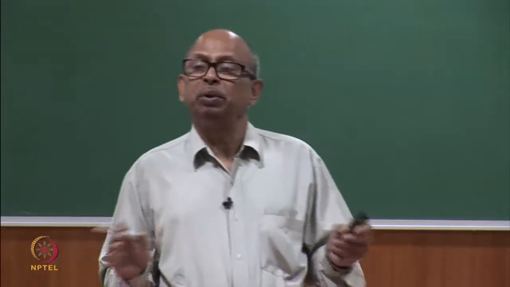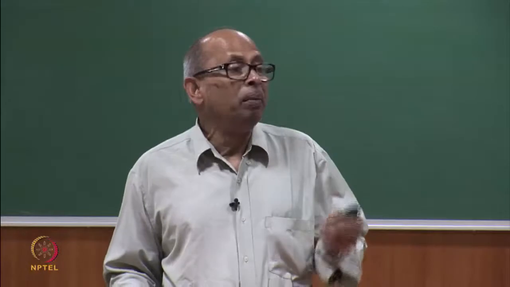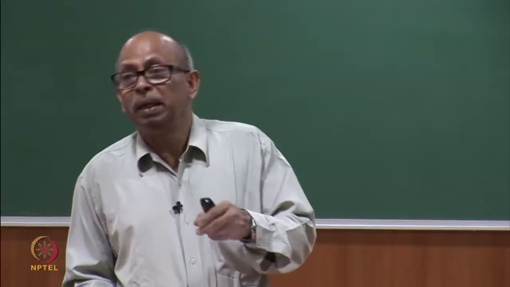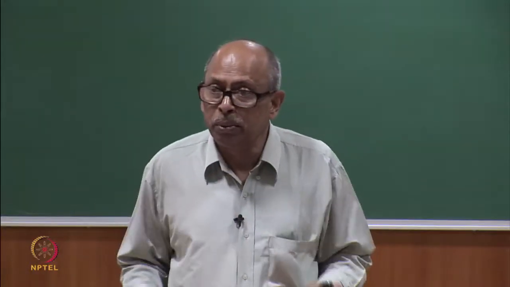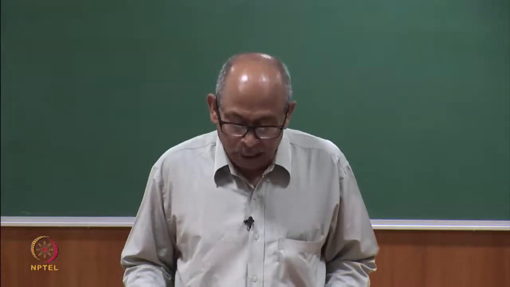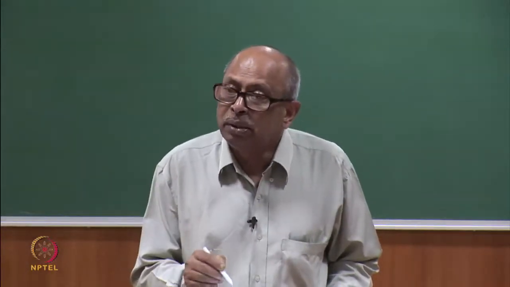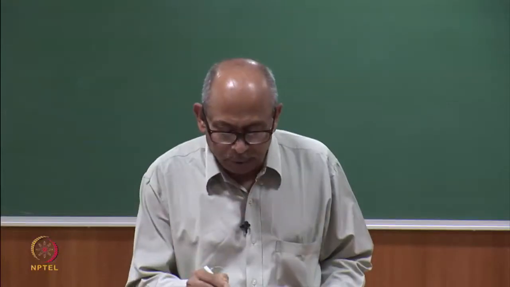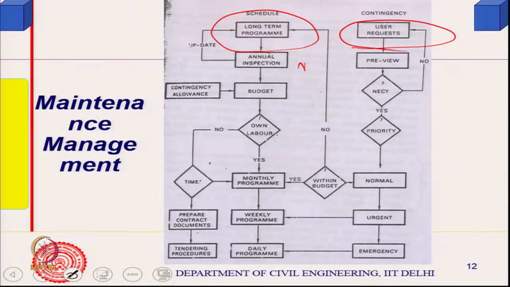Between the 20th and 25th year I should do the roof covering replacement, but all I will not be doing this year, it would be distributed over a period of time. That is what we have seen. So, first annual inspection and long term plan, from that my work comes. I update my long term plan through annual inspection, then do the budgeting for the year.